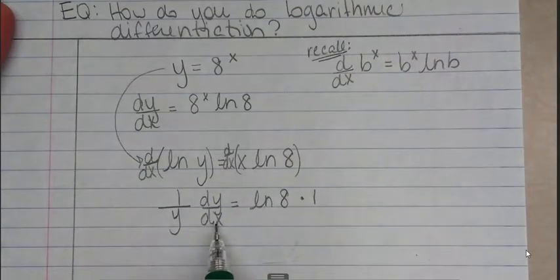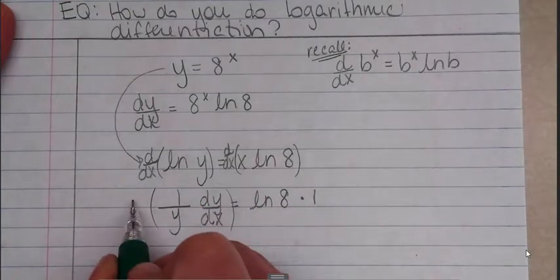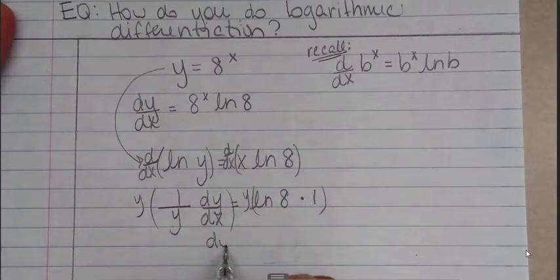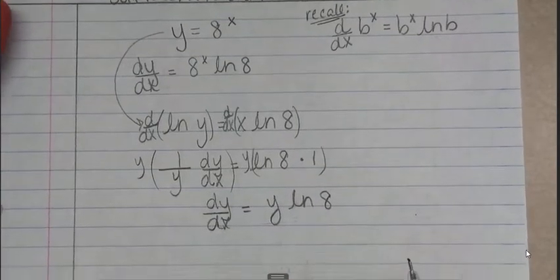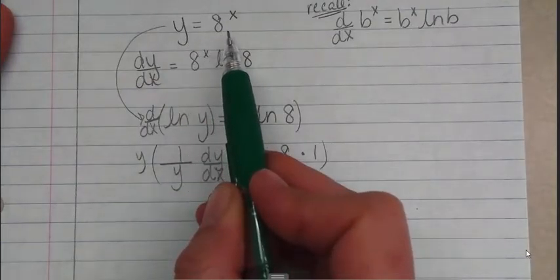Now I want to find dy/dx, so I'm going to get rid of this 1 over y. I'm basically going to multiply both sides by y. So I get dy/dx equals y times the ln of 8. Well, what is y? y was originally given to us as 8 to the x power.